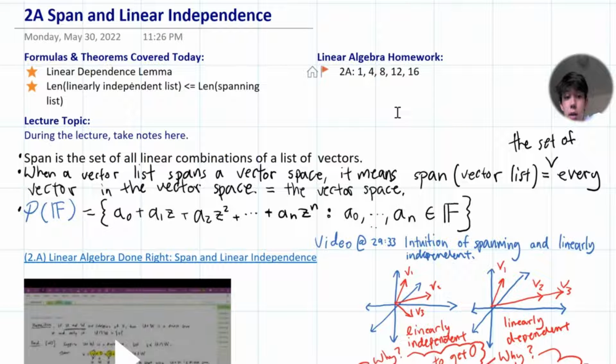So what's span? Because we're doing span and linear independence. So I learned that span is the set of all linear combinations of a list of vectors. Linear combinations, I believe, should be pretty easy to understand. If you don't, it's basically you have a list of vectors, right?